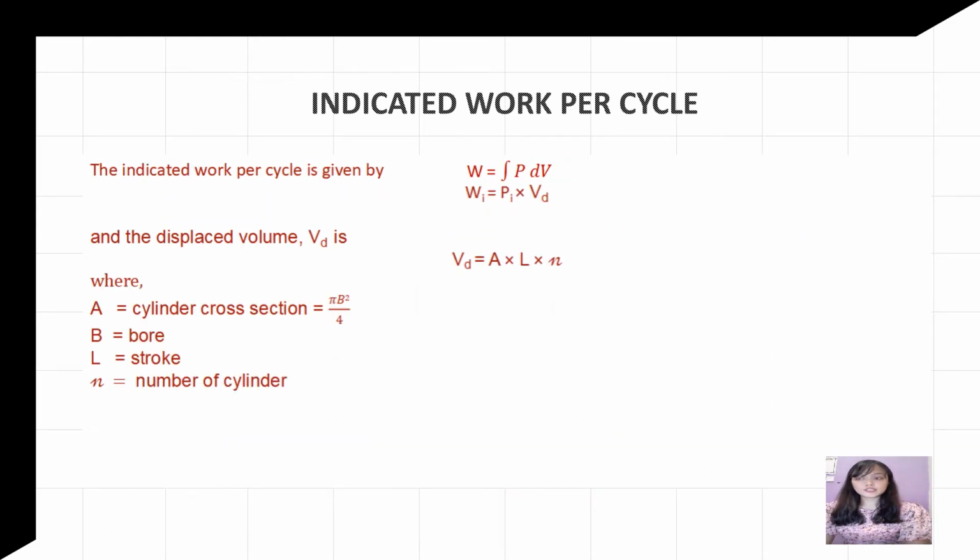The indicated work per cycle is given by W equal to P times V, and the displacement volume, which is V, is equal to A times L times N, where A is the cylinder cross-section, B is the bore diameter, L is the stroke length, and N is the number of cylinders.